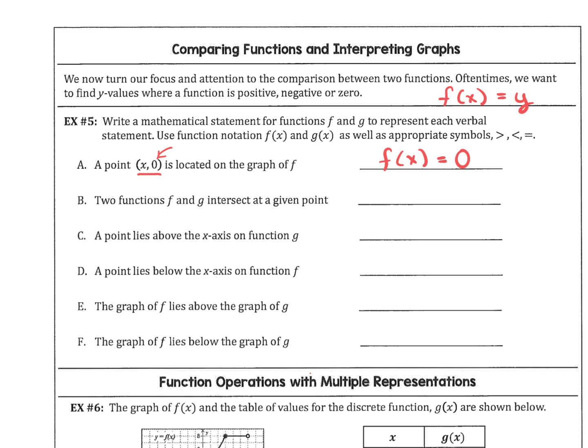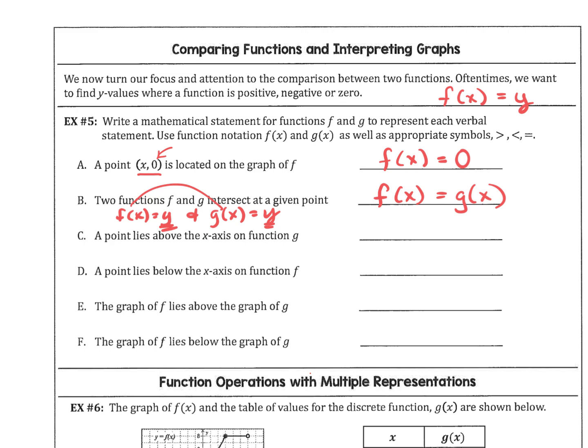A y. So if we have f of x equals y and g of x equals y, if two things equal the same thing, they both equal y, don't they? So what does that say about f and g? They're equal. So that's what we can say. f of x equals g of x. The two functions are the same at that point. Make sense?